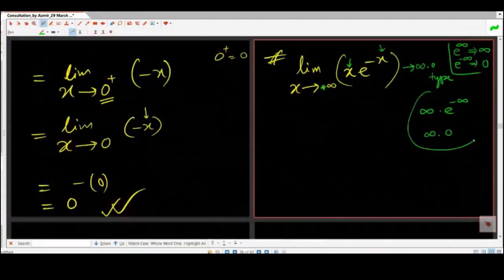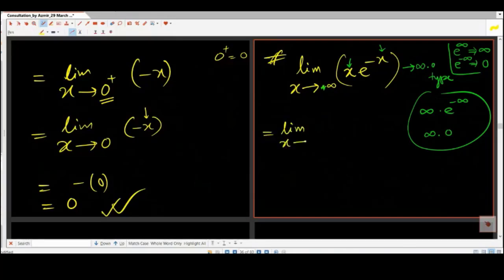So we have found infinity times 0 type. That means anyhow we have to rewrite this product form to the ratio form. So limit x tends to infinity. We can write x in numerator part. In denominator, we can write e to the x. So if we check again, we will see that 1 over e to the x is e to the negative x.